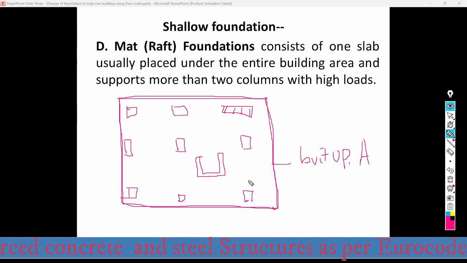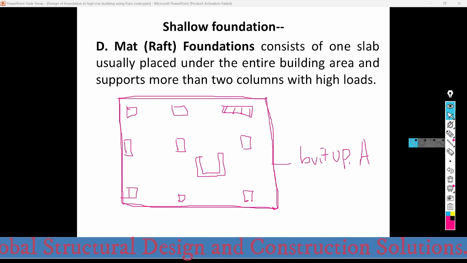Basically, it is used whenever there is weak soil, whenever the understrata soil of the site is unable to carry the load coming from the superstructure, meaning whenever there is low bearing capacity of soil.